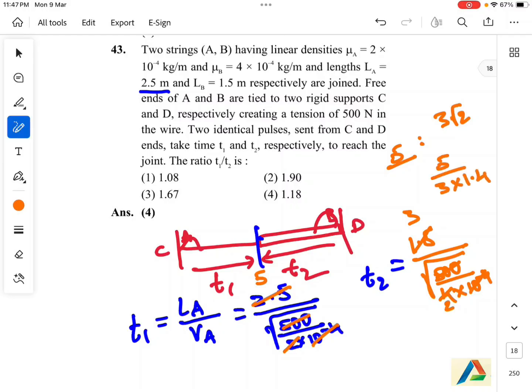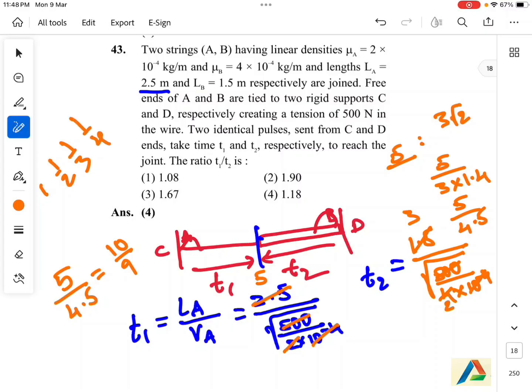3 into 1.4, approximately 1.5 let us say, so that would be 5 divided by 4.5. How do you do 5 divided by 4.5? This will be 1 by 0.9, or 10 by 9 basically. What I say is you should actually remember the 1 by 2 value, 1 by 3 value, 1 by 4, 1 by 5, 1 by 6, 1 by 7, 1 by 8, and 1 by 9 value.